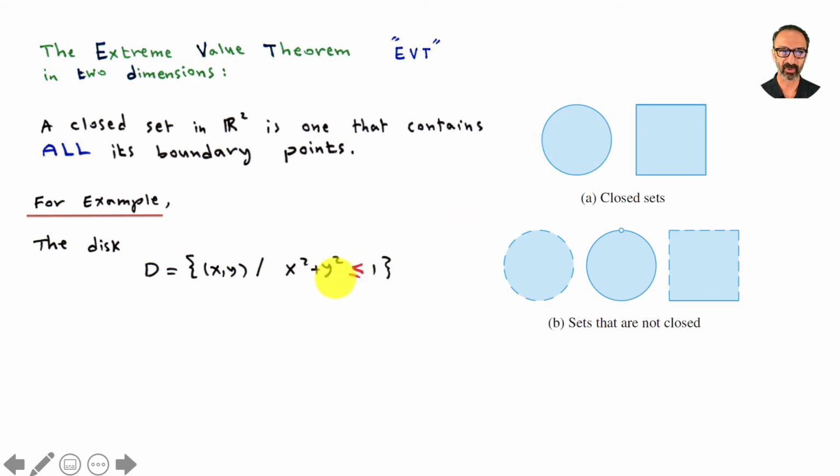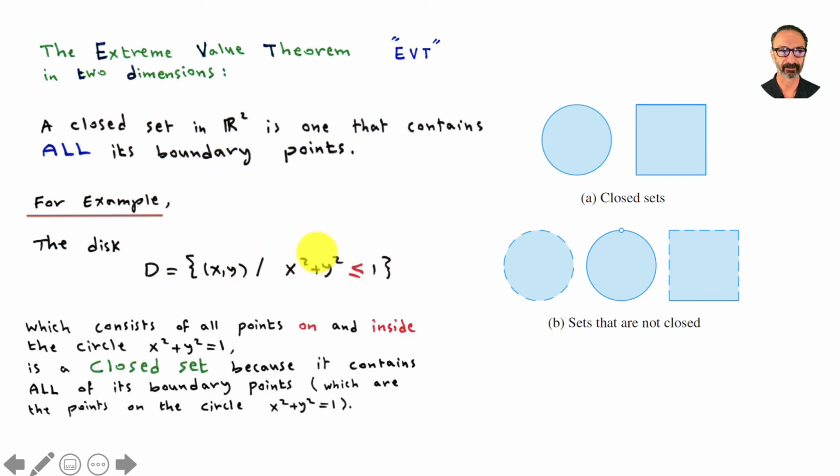I'm referring to this because it looks like our case, a circle centered at the origin with a radius of 1, including the inside parts. That's why it's called a disk, which consists of all points on and inside the circle x squared plus y squared equals 1.